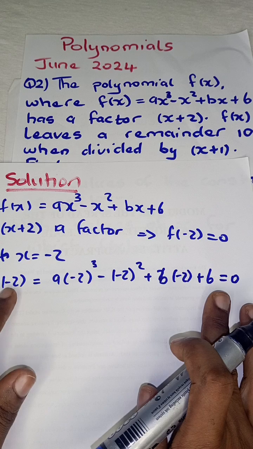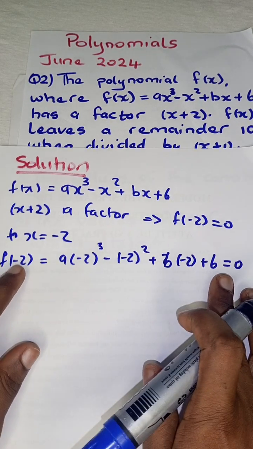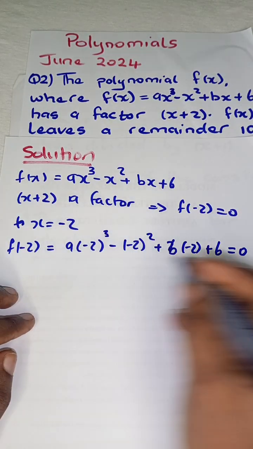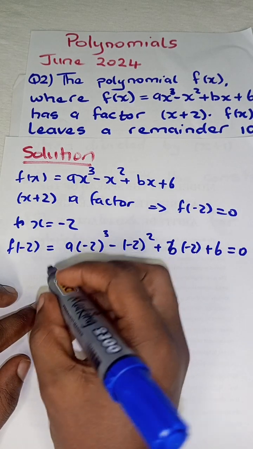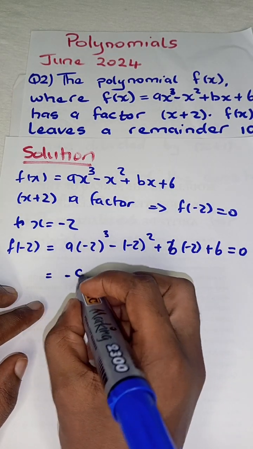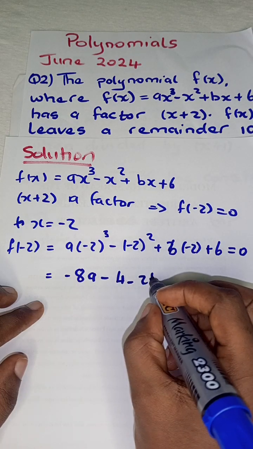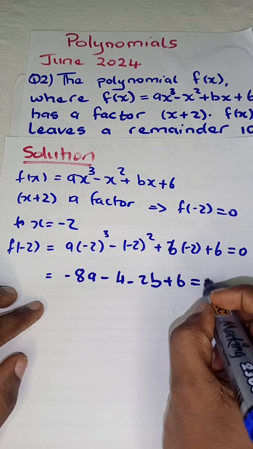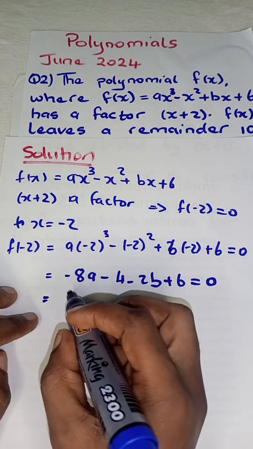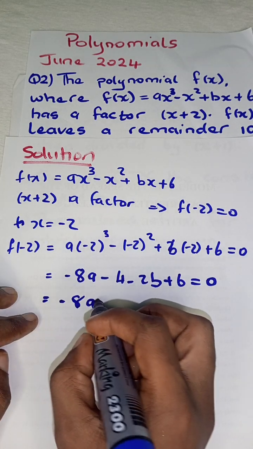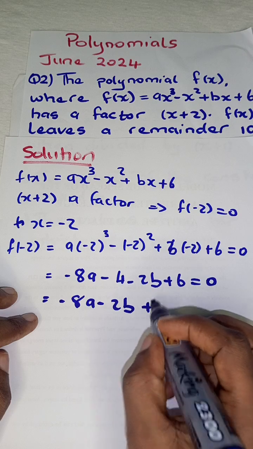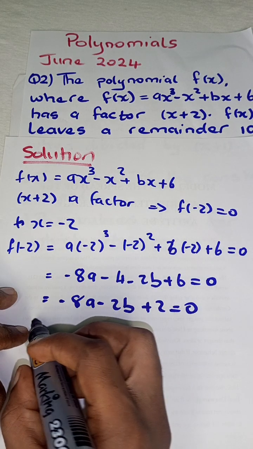Why? Because x plus 2 is a factor of f of x. Simplifying this, we are going to have negative 8a minus 4 minus 2b plus 6 equal to 0. This is going to give us negative 8a minus 2b plus 2 equals 0.